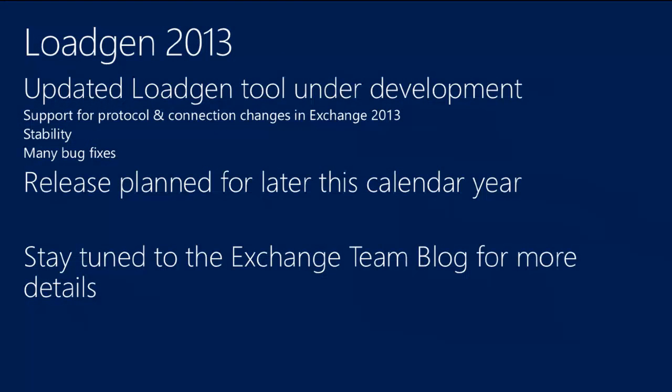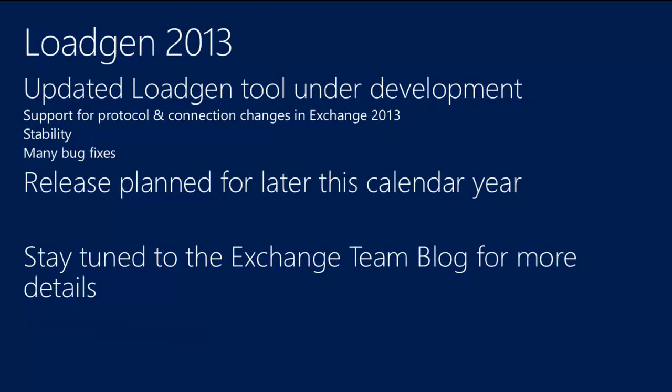LoadGen is absolutely coming for 2013. We have decided to build a version of LoadGen for 2013. It's not yet available, but it is going to be coming soon. All I'm going to say here is this calendar year, but it's going to be sooner than December, I can tell you that. We're including in the new LoadGen tool support for the changes in connectivity model for 2013, so Outlook Anywhere for everyone, or RPC over HTTP, obviously a major change.